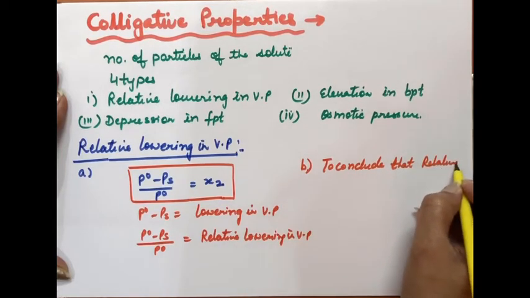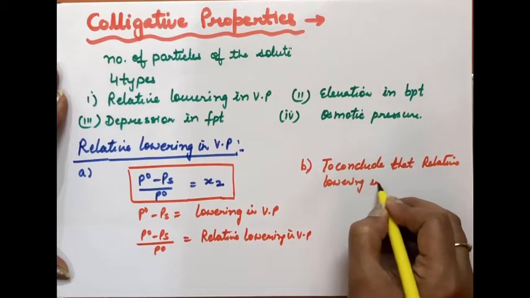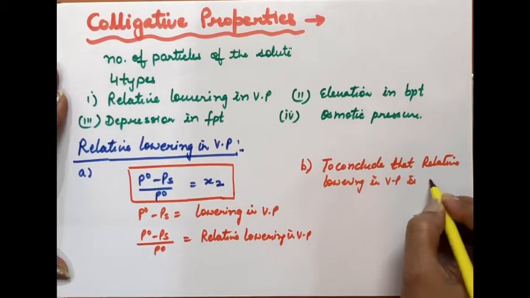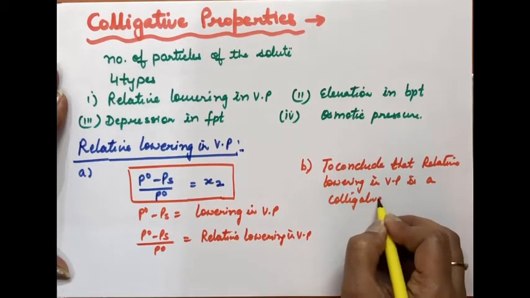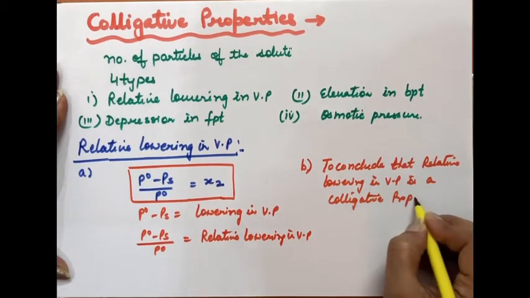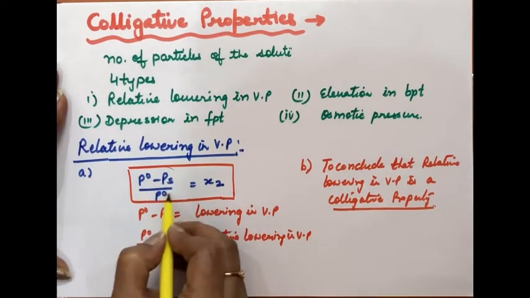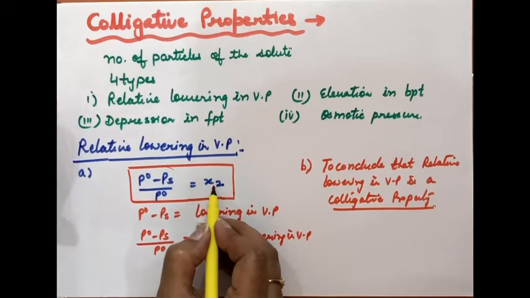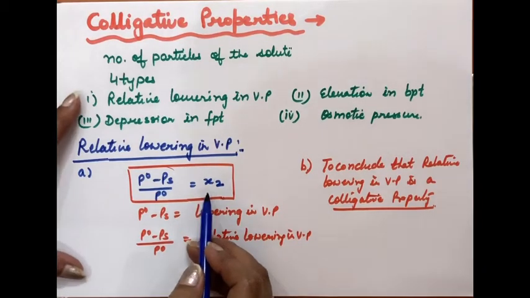To conclude that relative lowering in vapor pressure is a colligative property, from the formula itself it is clear that since this relative lowering in vapor pressure depends on the mole fraction, depends on the number of moles of the solute, hence this is a colligative property.